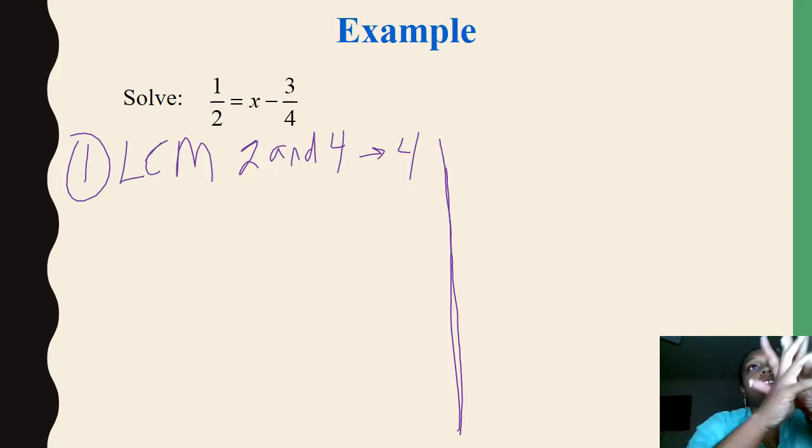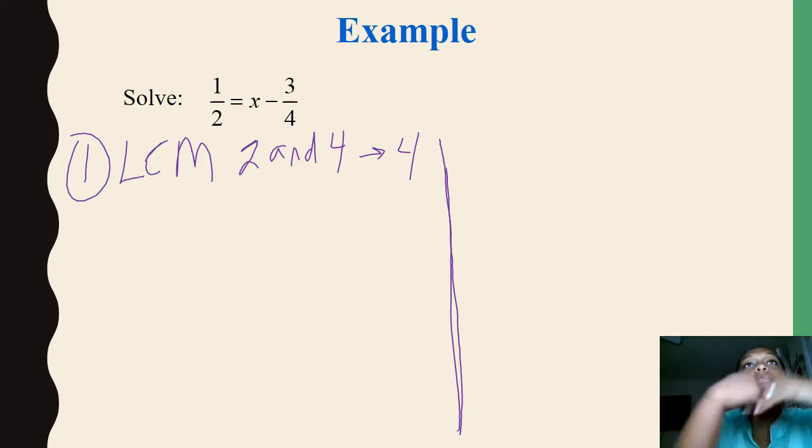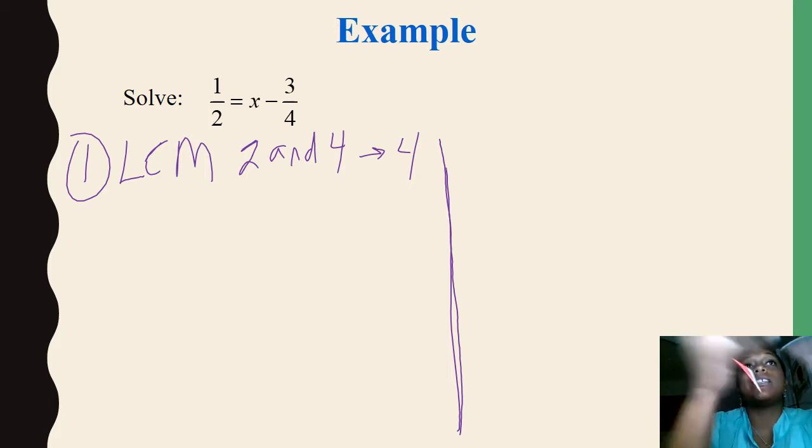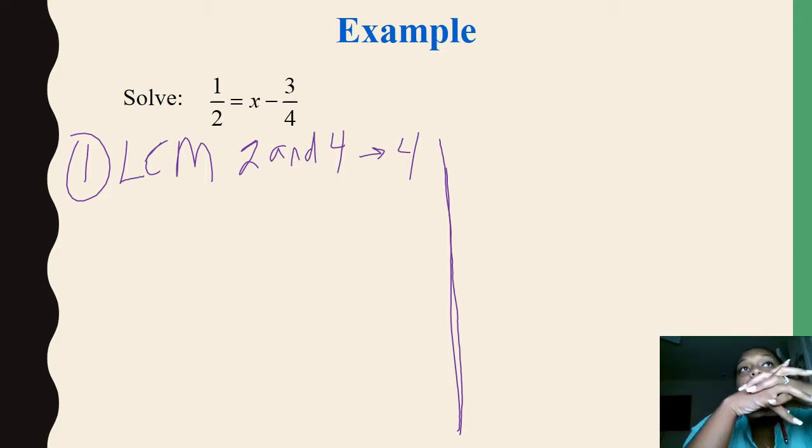Agree? Agreed. So the least common multiple between 2 and 4 is 4. The reason this is important is that I'm going to use it to help get rid of my fractions.